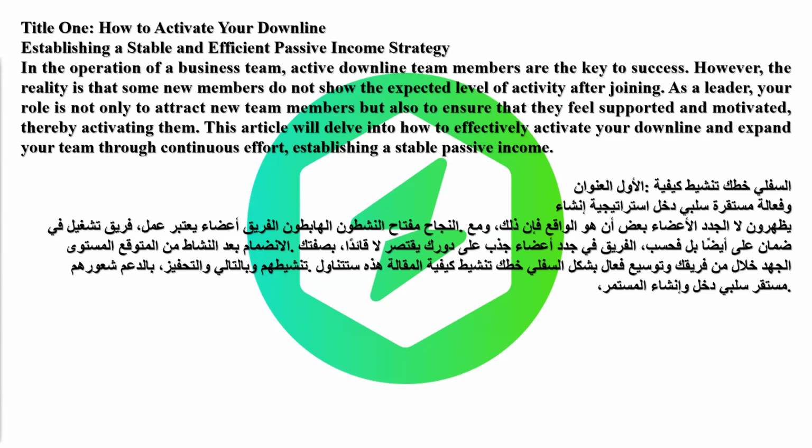So as a leader, your role is not only to attract new team members, but also to ensure that they feel supported and motivated. Because of that, this article will delve into how to effectively activate your downline and expand your team through continuous efforts and establishing a stable passive income.